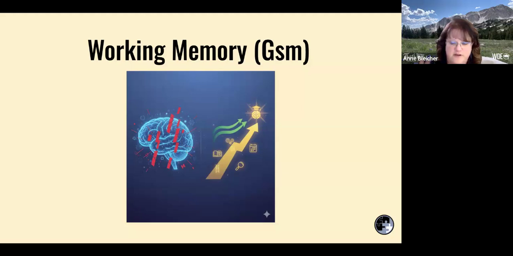And if we can address both of those concurrently, the outcomes for those students are going to be much greater. Again, it's not necessarily that they're incapable of learning the content, it's just that that is a barrier to them being able to keep that in their memory and then transfer it to long-term memory.